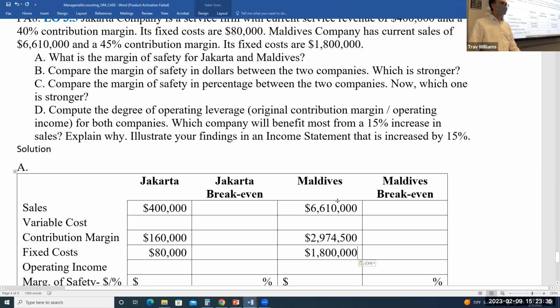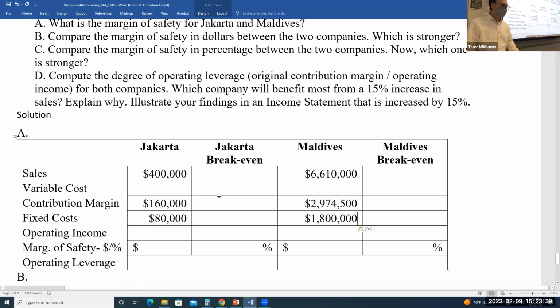Okay. First thing we have to figure out is the margin of safety for each company. In other words, how much are they selling above their break-even point? So let's just fill this all in and that'll give us the answer. Their variable cost here would be 240,000, right? That's the difference. And if we take contribution margin minus their fixed costs, they have an operating income of 80,000.